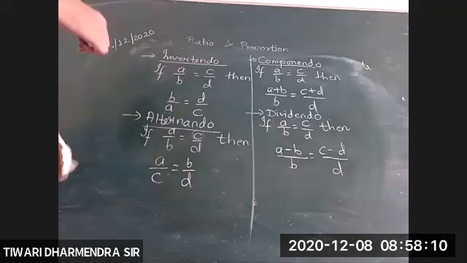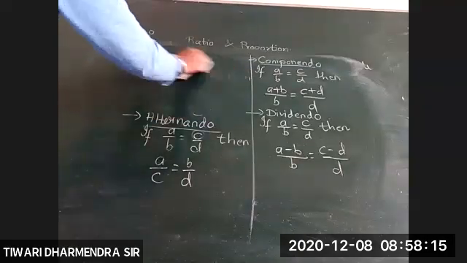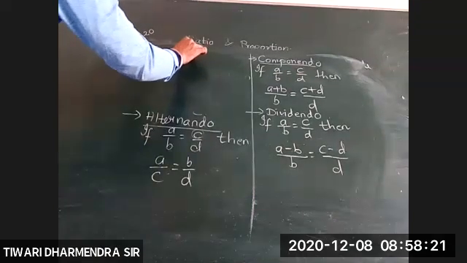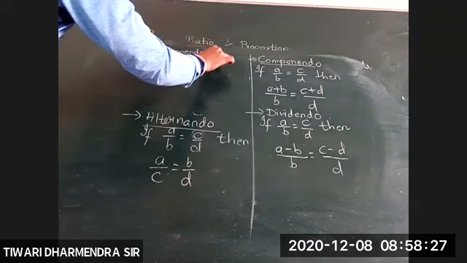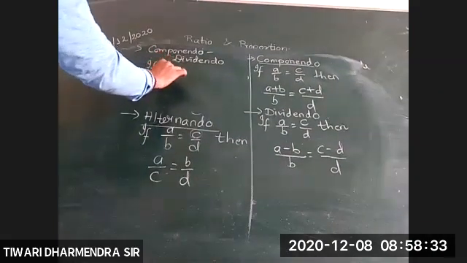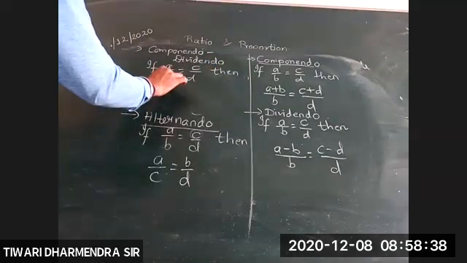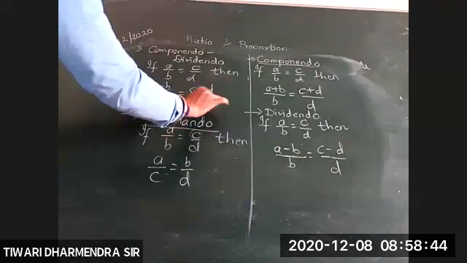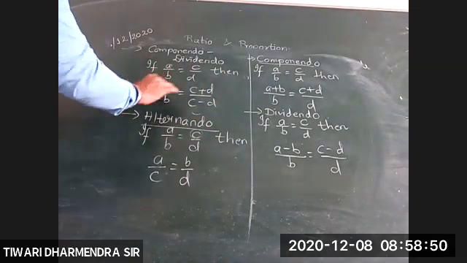Now we'll see the last part, that is componendo and dividendo, applying the two operations together. In this, if A by B is equal to C by D, then A plus B upon A minus B is the same as C plus D upon C minus D. Applying componendo and dividendo together, what we will get?